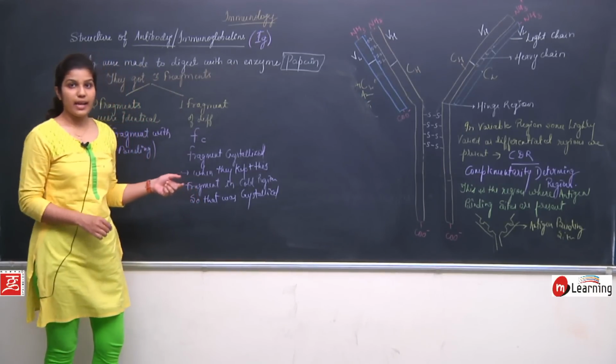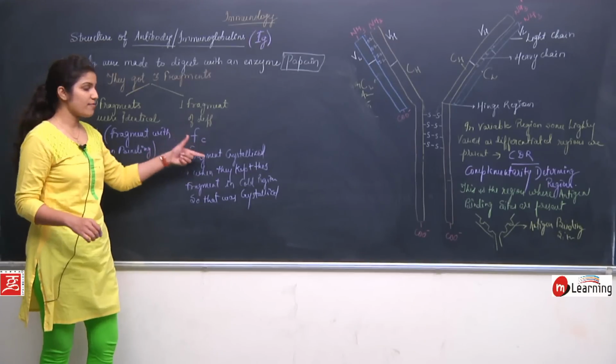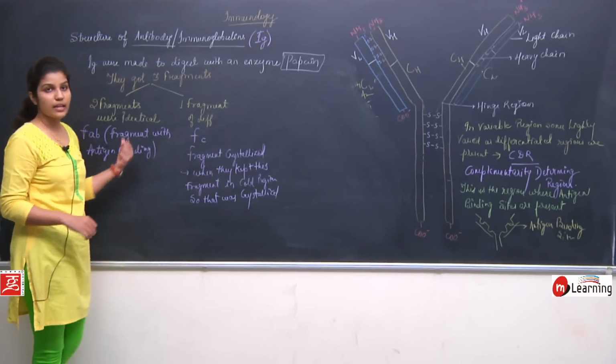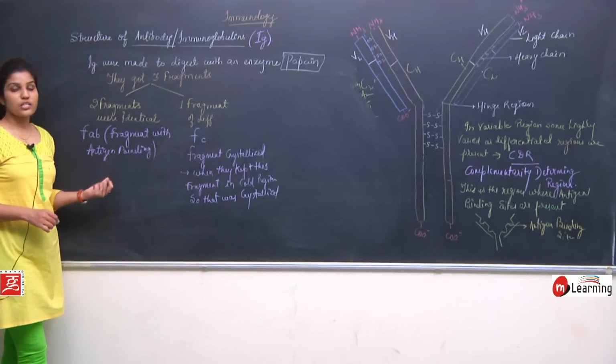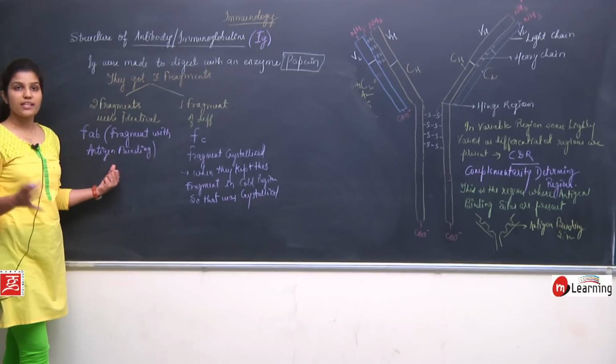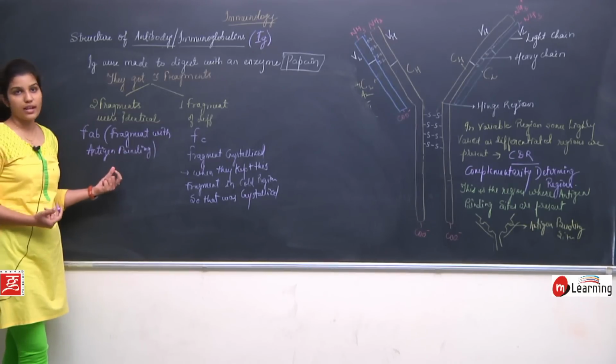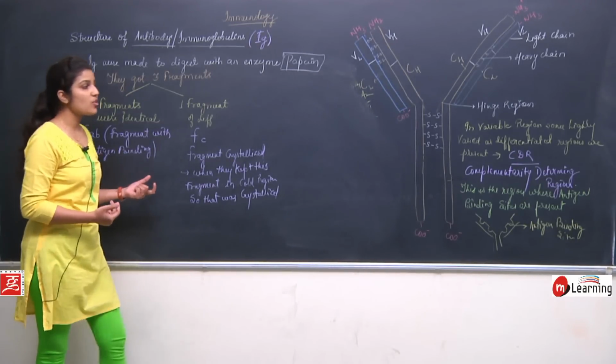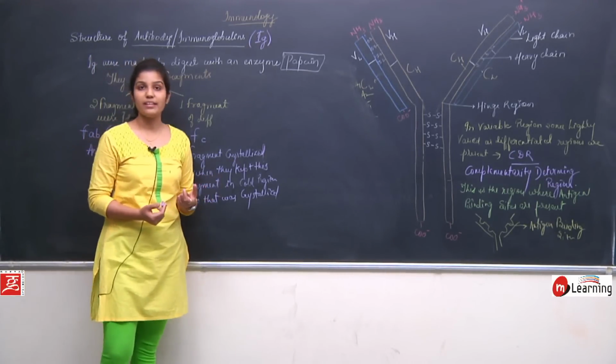That's why they gave the name FC, fragment crystallized, and here fragment antigen binding, because it has the antigen binding sites inside, and the specific site is the complementarity determining region.